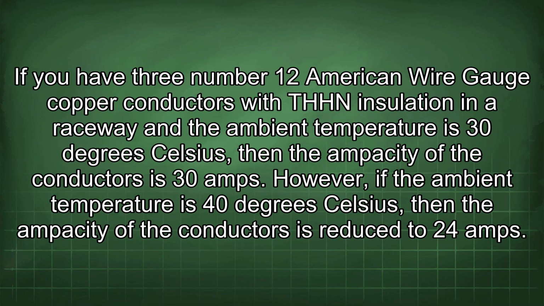If you have 3 number 12 American wire gauge copper conductors with THHN insulation in a raceway and the ambient temperature is 30 degrees Celsius, then the ampacity of the conductors is 30 amps. However, if the ambient temperature is 40 degrees Celsius, then the ampacity of the conductors is reduced to 24 amps.